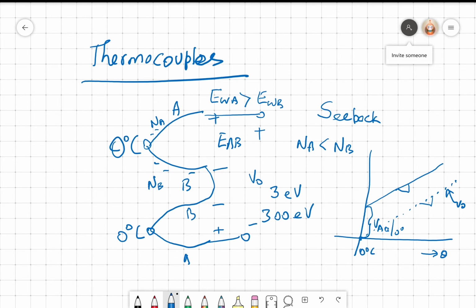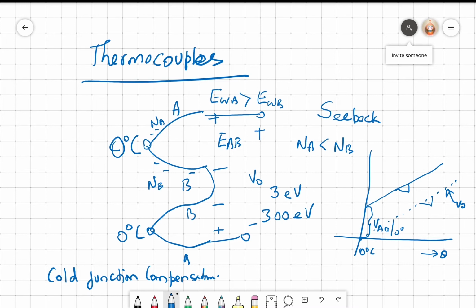This aspect of cancelling the residual voltage at 0 degree centigrade is known as cold junction compensation, because 0 degree centigrade will be cold. So now I will get a very linear characteristic.